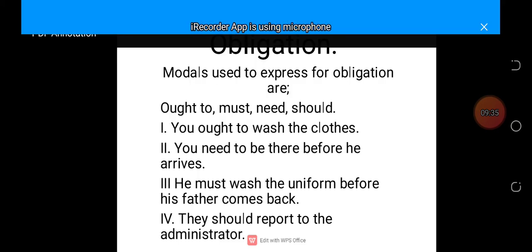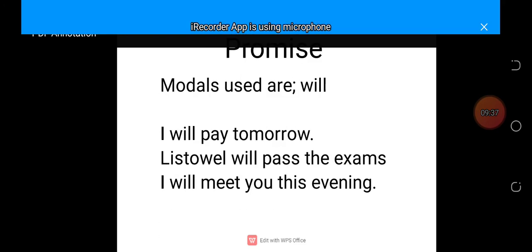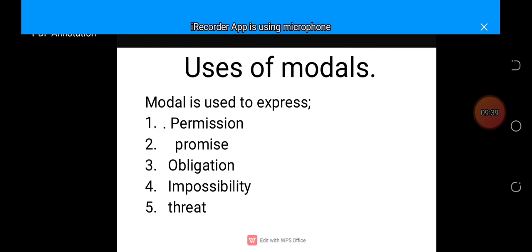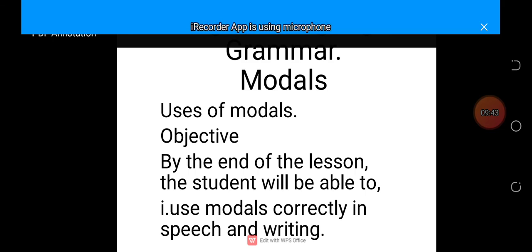So for our lesson today, we have been very brief, but we have also emphasized how to use the right modals in order to make impact, in order to make the listener aware of what exactly we are putting across, in order to improve upon our speech and writing, especially our speech.